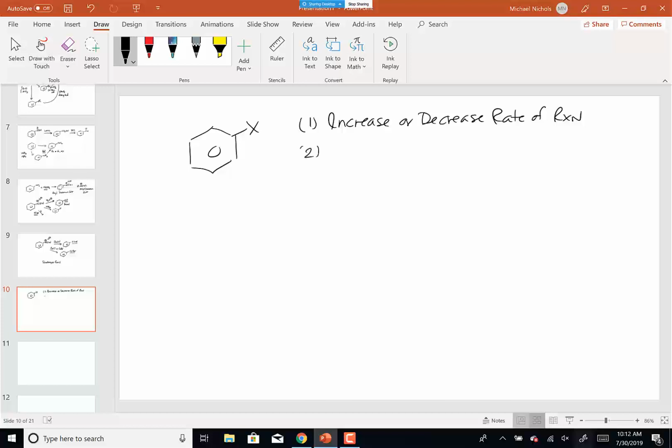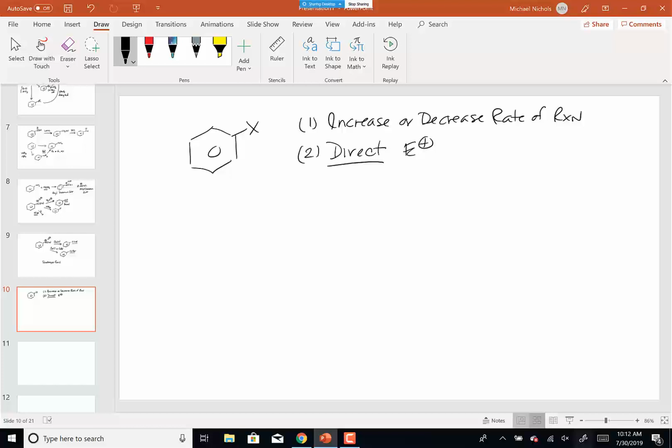And secondly, that group is going to direct. It's going to direct the second E+ to its position on the ring.